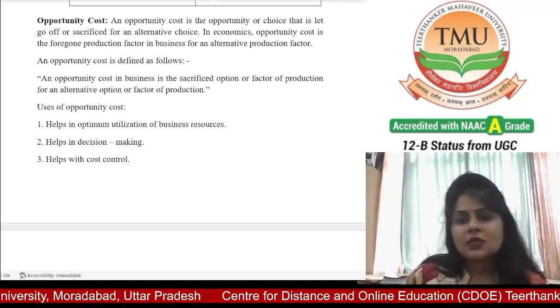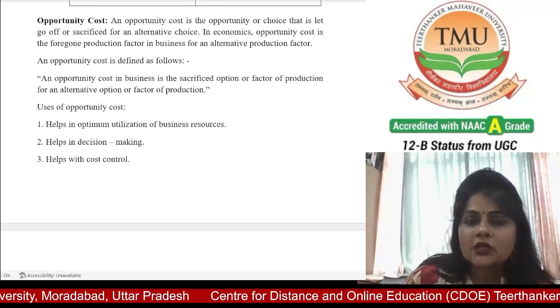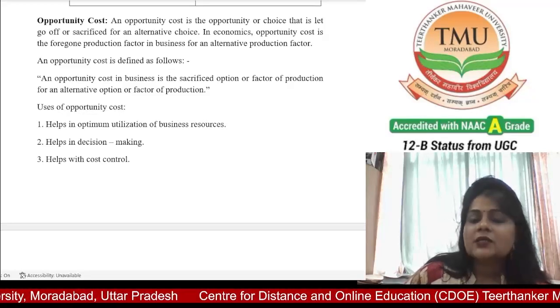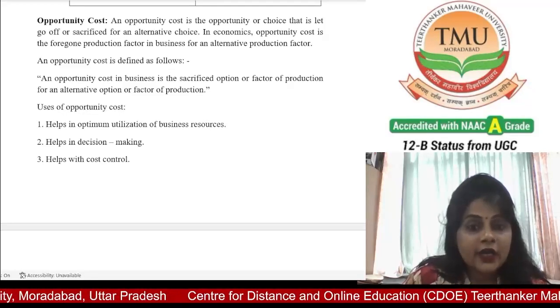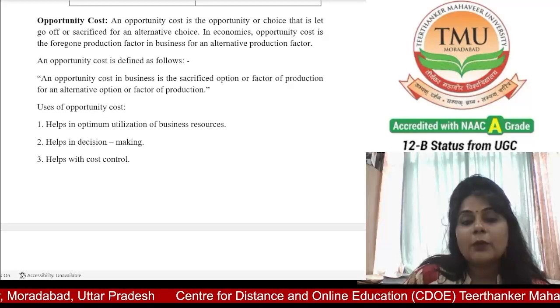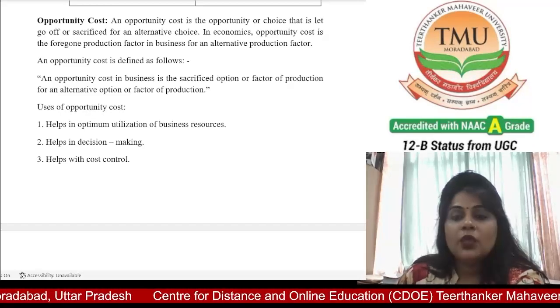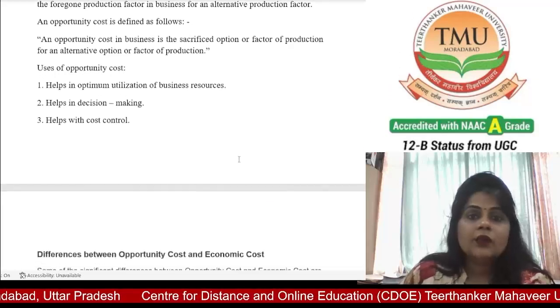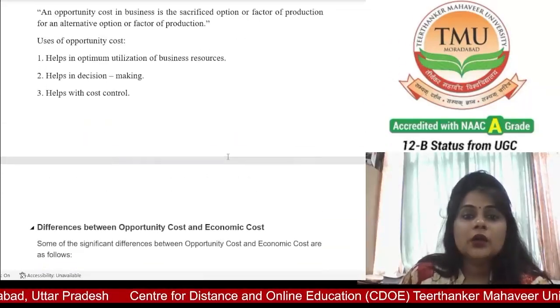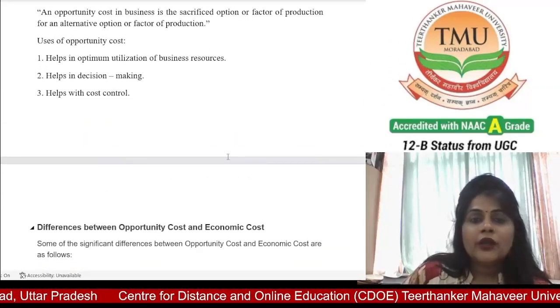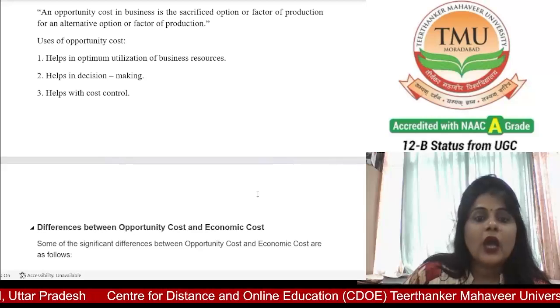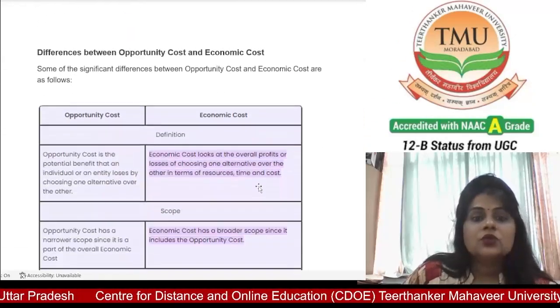But there are some limitations also: future returns cannot be predicted accurately using opportunity cost, and it is difficult to make a quantitative comparison between two available alternatives.